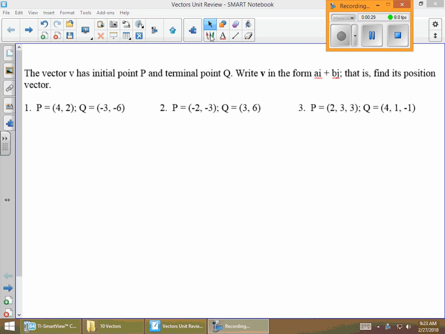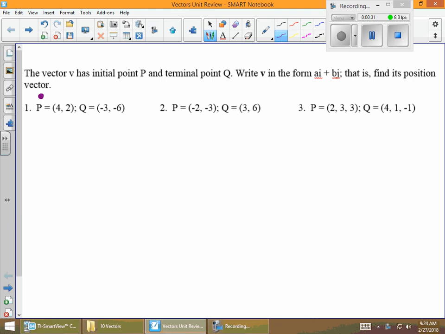So that vector would look like this, P to Q. The way that we do that is to subtract. We do our Q coordinate minus our P coordinate, with the horizontal components and the vertical components together. So here's how this looks.